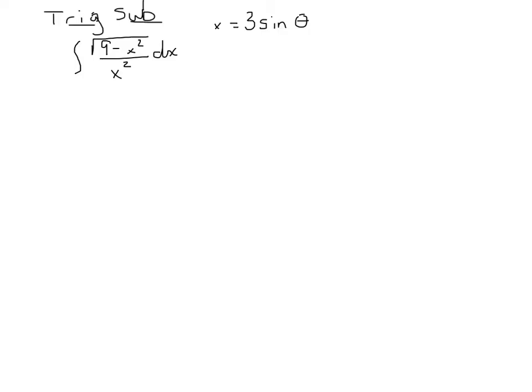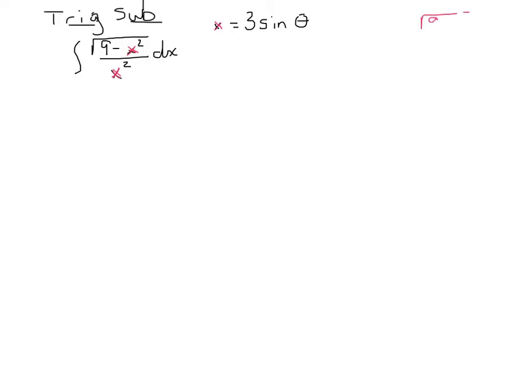One way you can look at this to get rid of the square root is to take that x and substitute it back into the square root, which we're going to have to do at some point anyway.